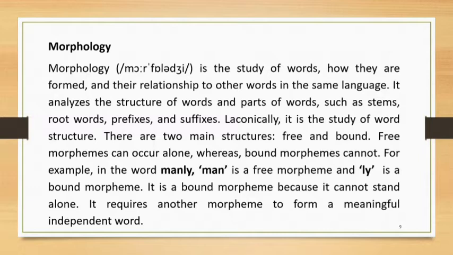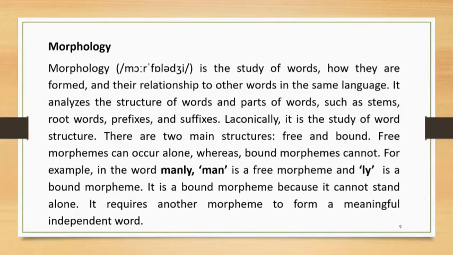It cannot have an independent existence. And another word you may have, for example, say friendship. Friend again is a free morpheme, and ship is a bound morpheme. Ship cannot occur alone. Here ship doesn't mean ship, okay, the ship that you see in the sea.